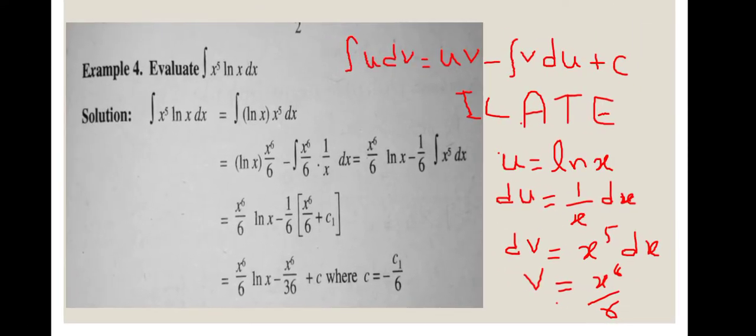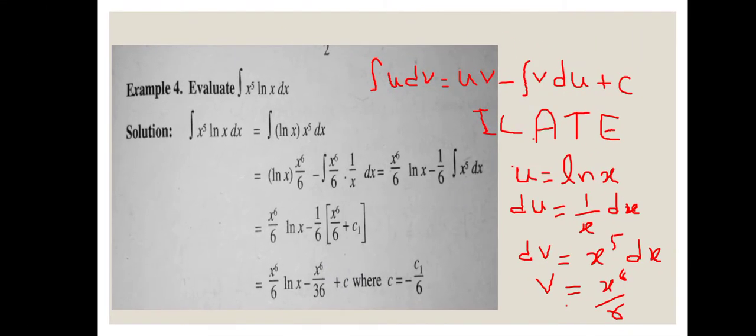Now we have evaluated the values of u and v. Just put the values in the formula of integration by parts. Instead of u, we have put ln of x.